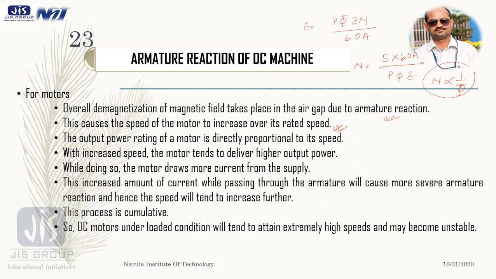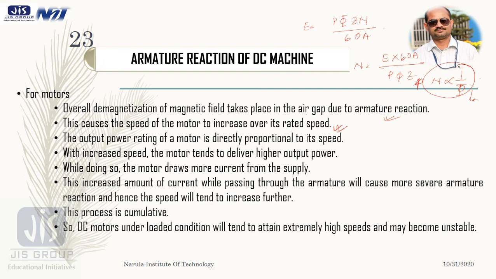So speed is inversely proportional to the flux. So if there is a demagnetizing effect, flux is reducing, so speed will increase and it will cross the rated speed.